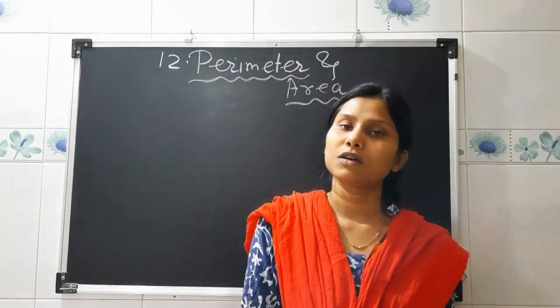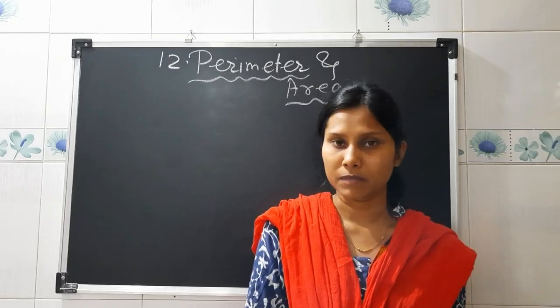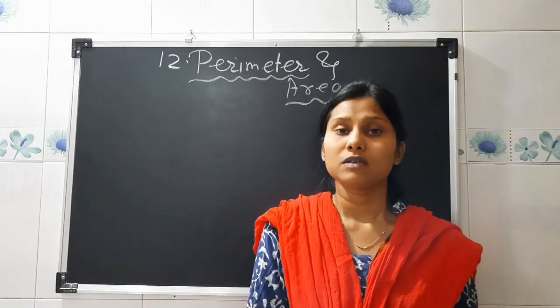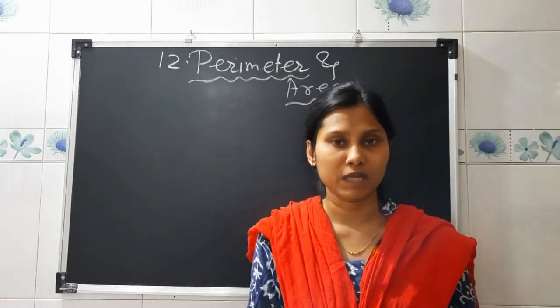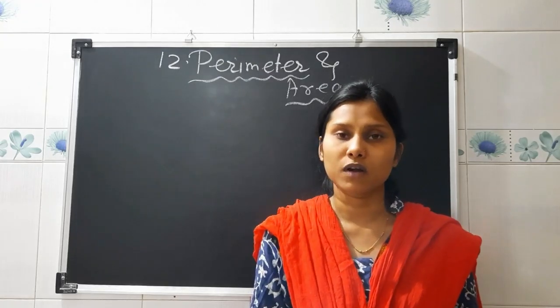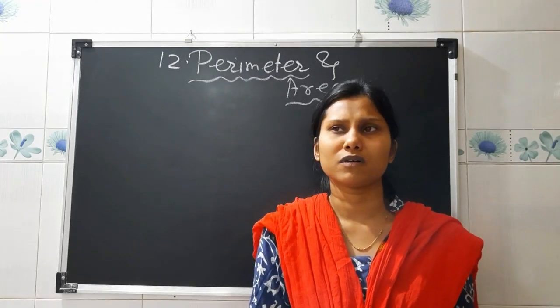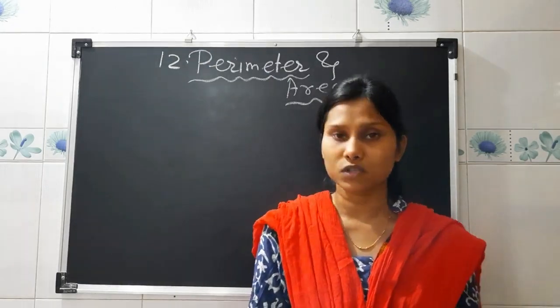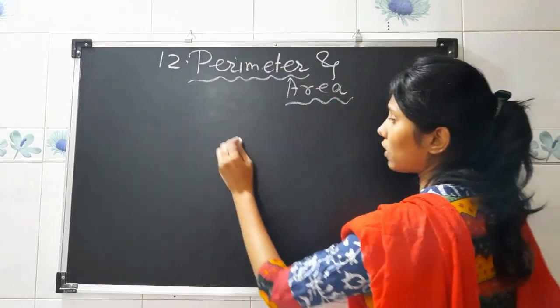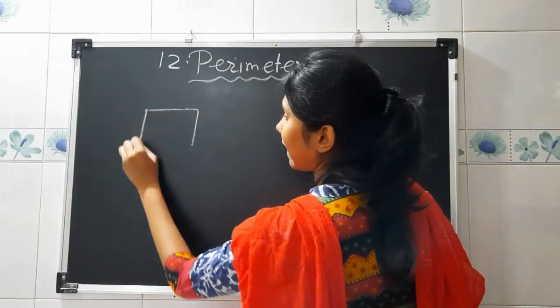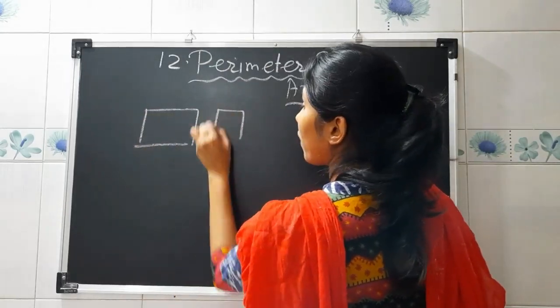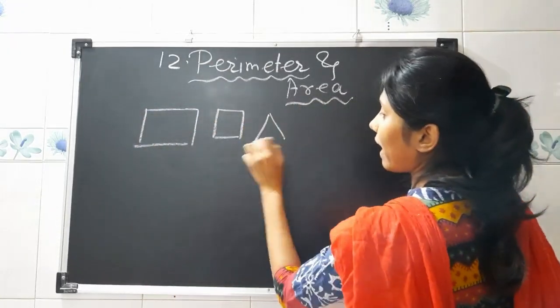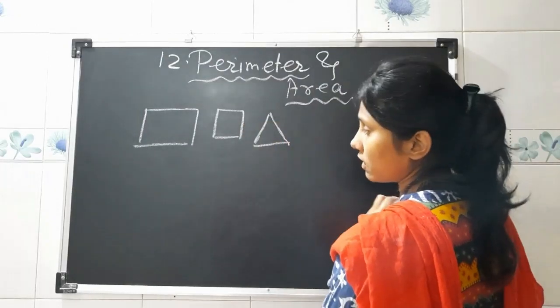Last year you studied about the perimeter. Closed figures have perimeters. Closed figures means what? In third or fourth standard you may have learned about closed figures. Rectangle, square, triangle, these are closed figures.